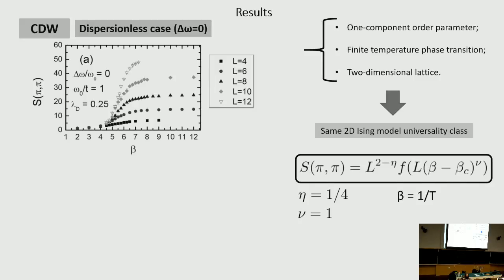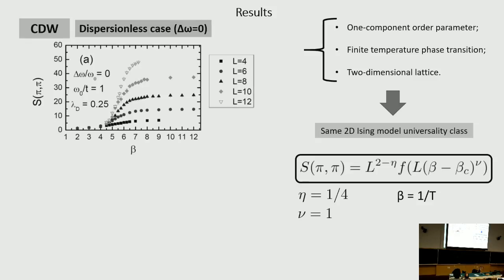That's basically a phase that has a one-component order parameter. I expect a finite temperature phase transition, and I'm working with a two-dimensional lattice. So I already know what the critical exponents are.